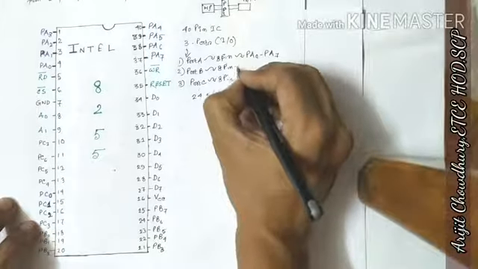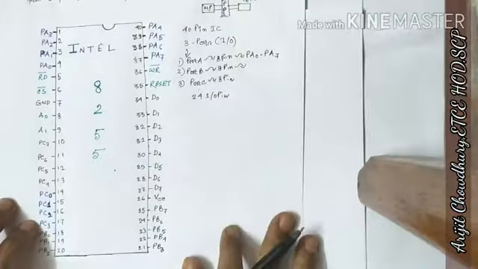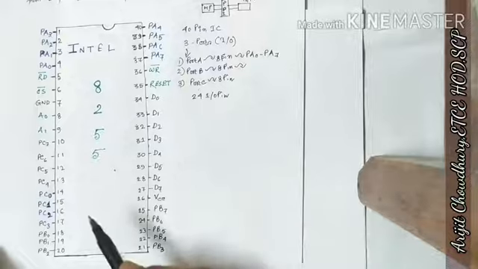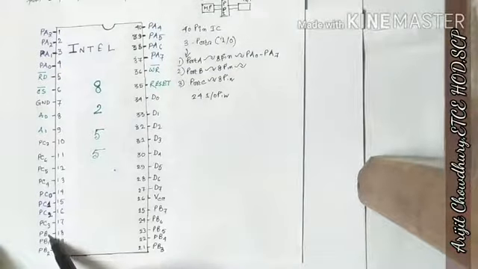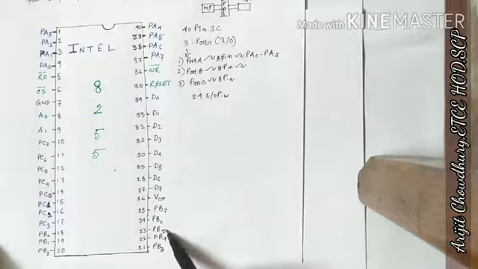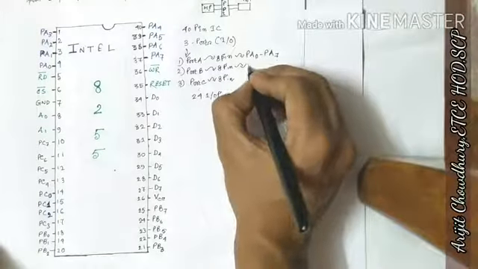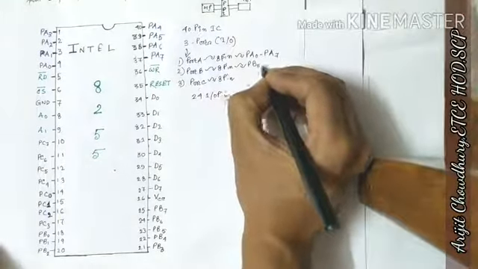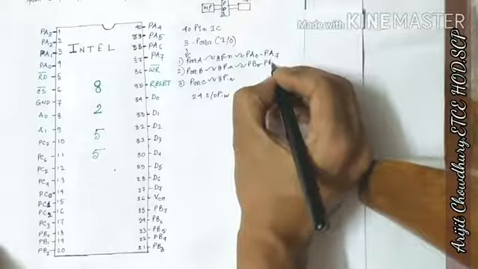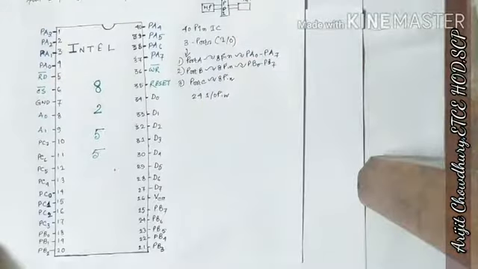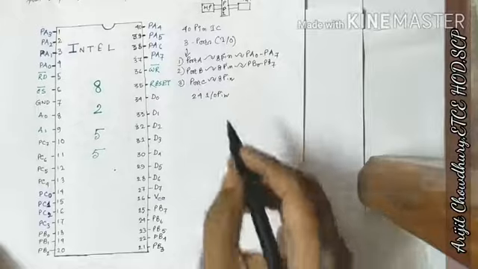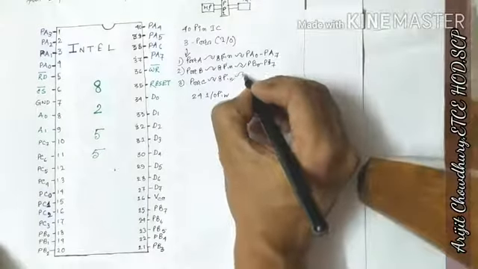Then port B. In the diagram we can see PB0, PB1, PB2, PB3, PB4, PB5, PB6, PB7. So there are 8 IO pins, PB0 to PB7.